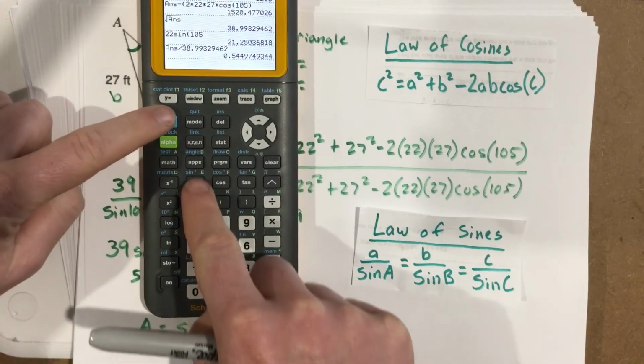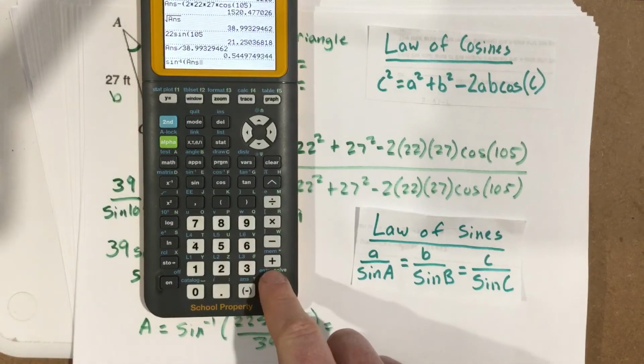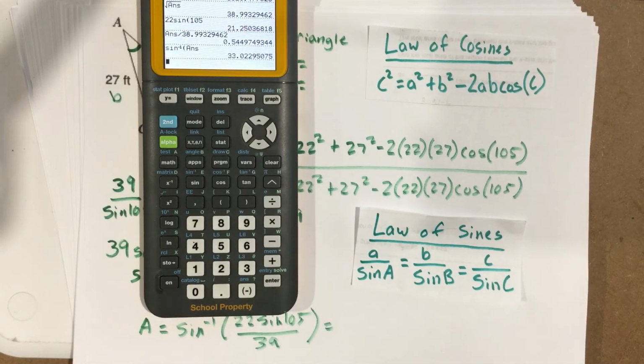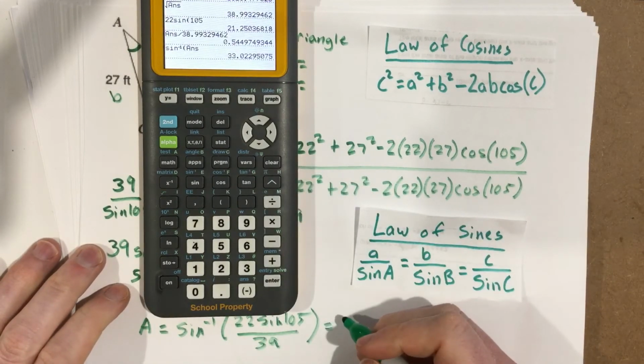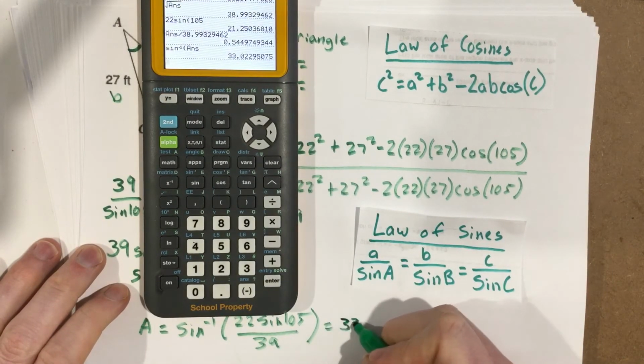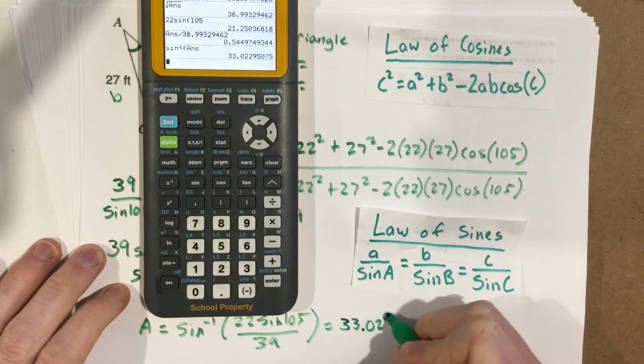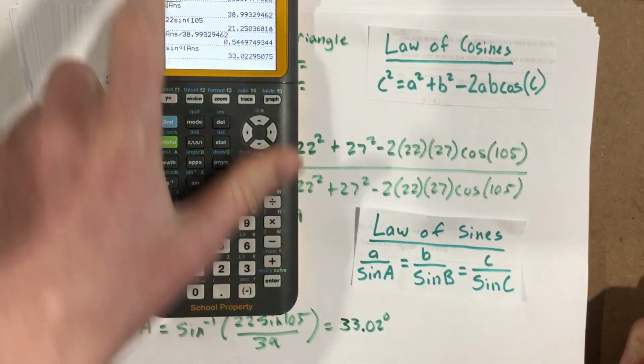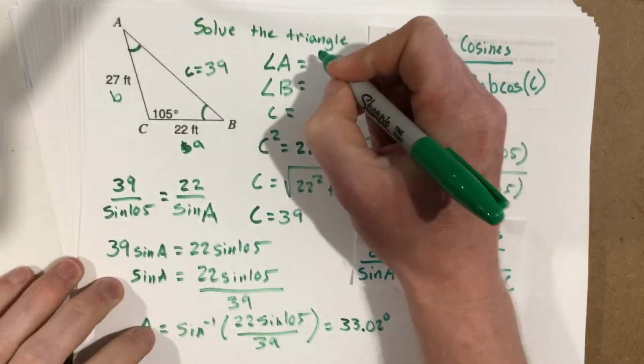Then I'm going to use the sine inverse, and I suggest you do the same thing in your calculator. Make sure you always go back and use that number that hasn't been rounded. Now this one, it's going to give me 33.02 degrees. And that's what angle A is, so 33.02.